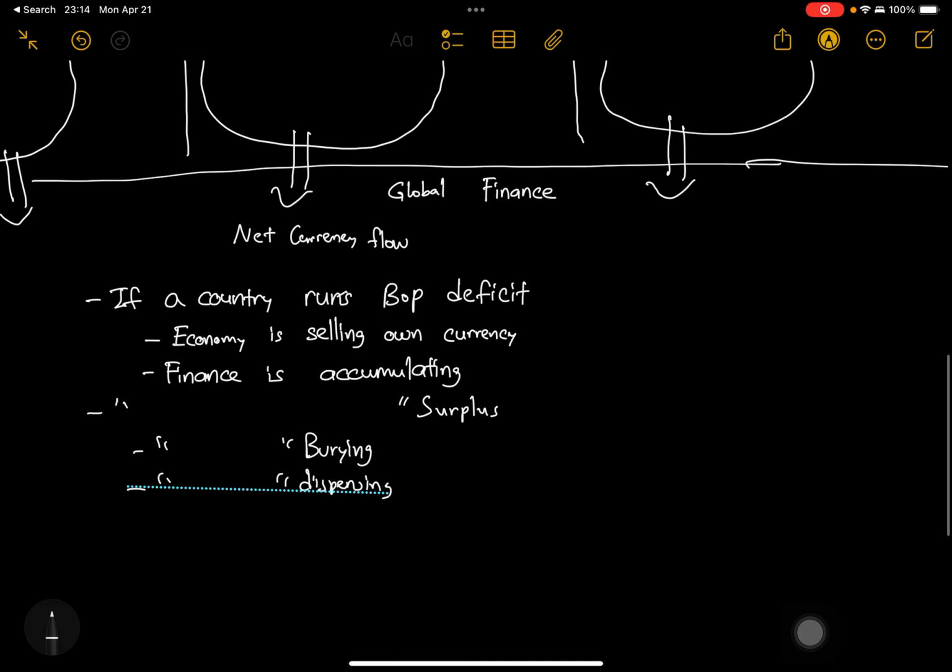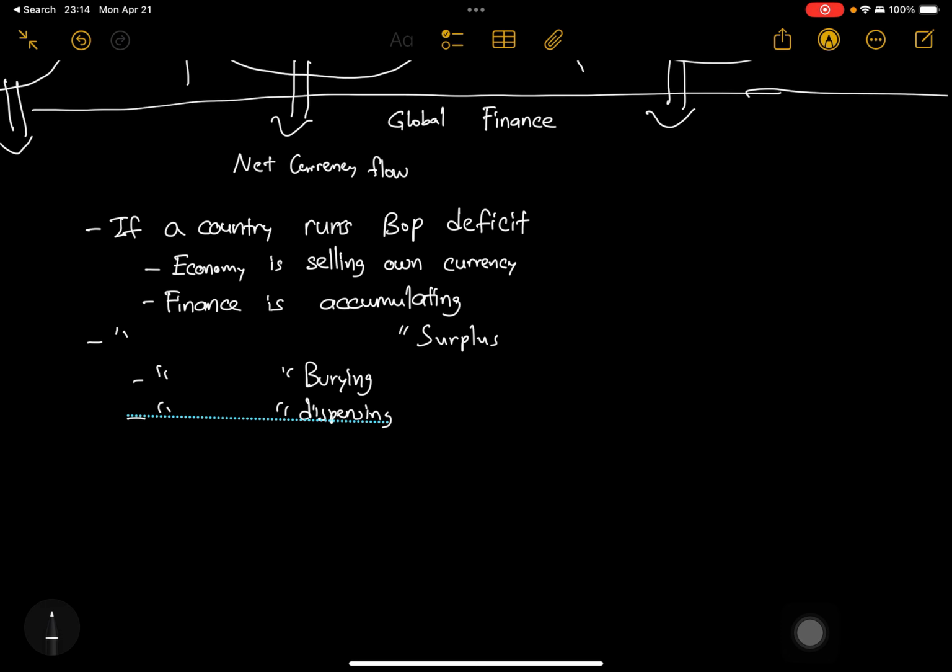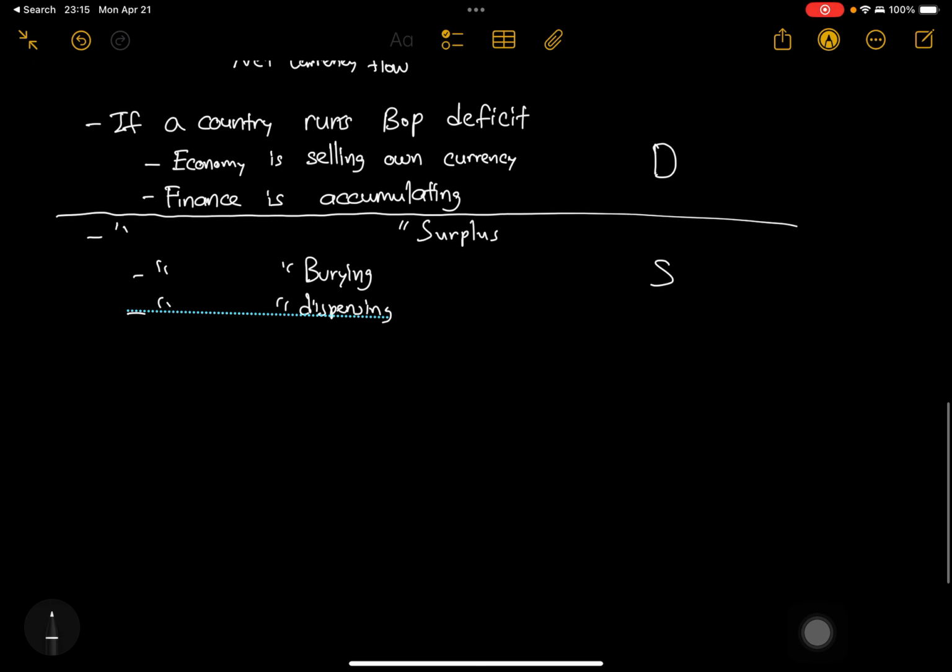And here's the thing. So let's call this case D for deficit and then S for surplus. So what are the consequences of D? And here we'll get into the need for foreign reserves.